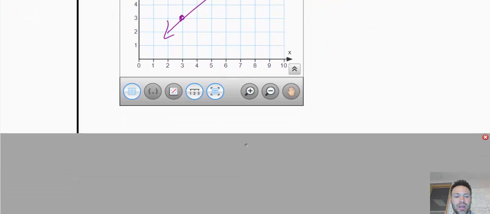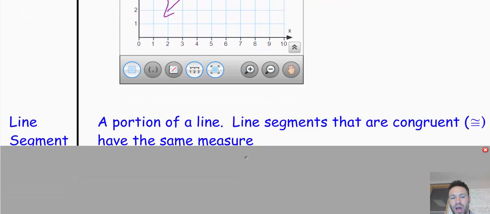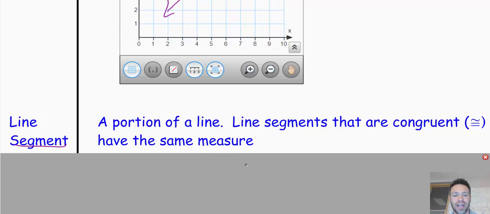Moving on here. Now, if I take the arrows off of that, I now have a line segment. A line segment is a portion of a line. Line segments that are congruent have the same measure. So there's a lot of information there. Line segment is a portion of a line. And if I say that line segment AB is congruent to line segment BC, then they have the same measure.